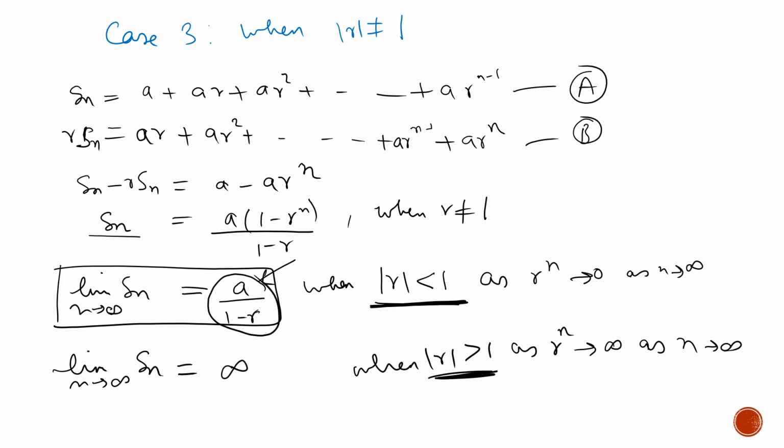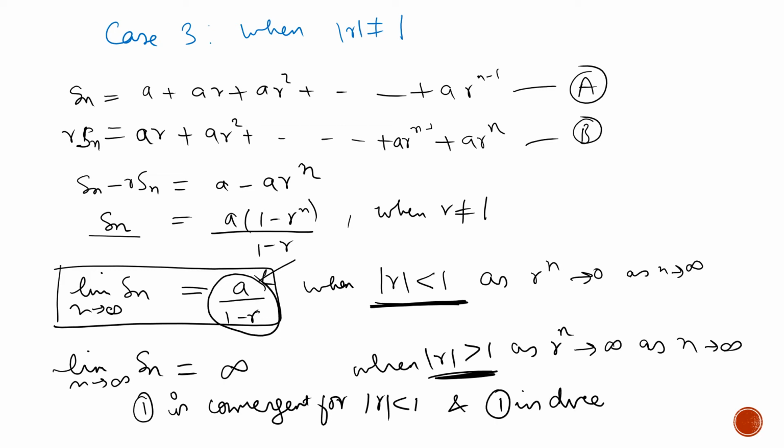So you can write that 1 is convergent for mod of r less than 1 and 1 is divergent for mod of r greater than 1.